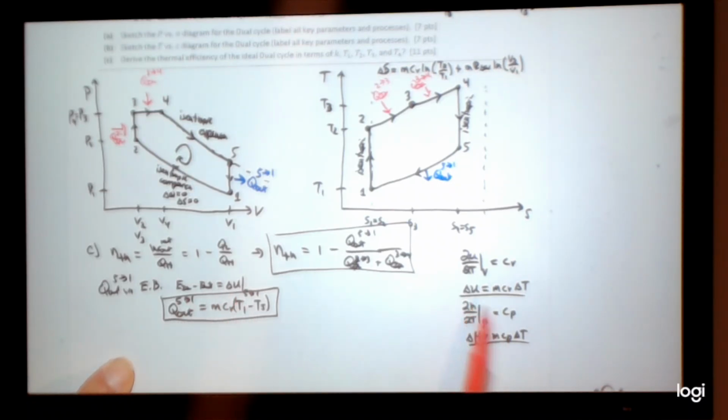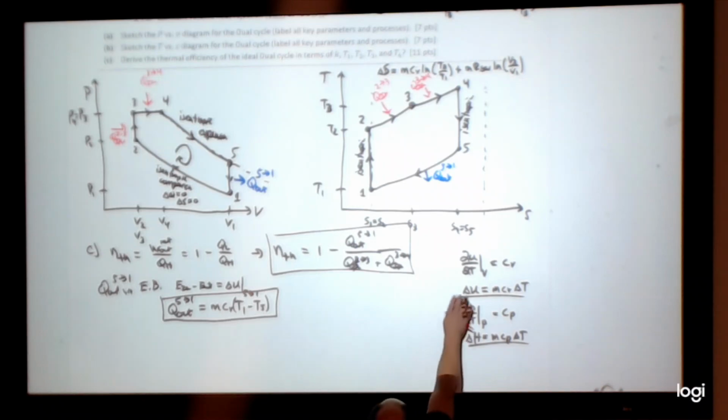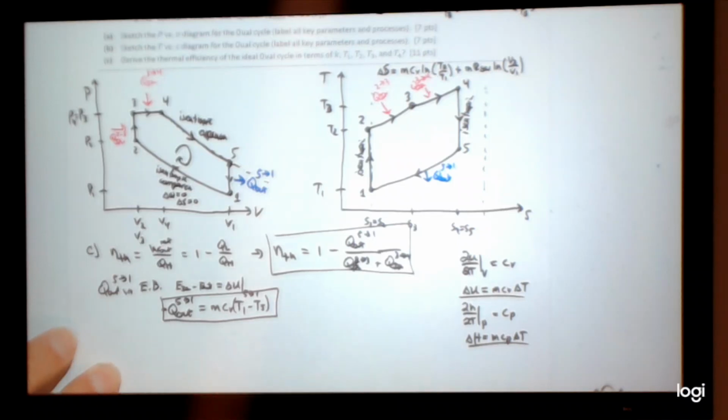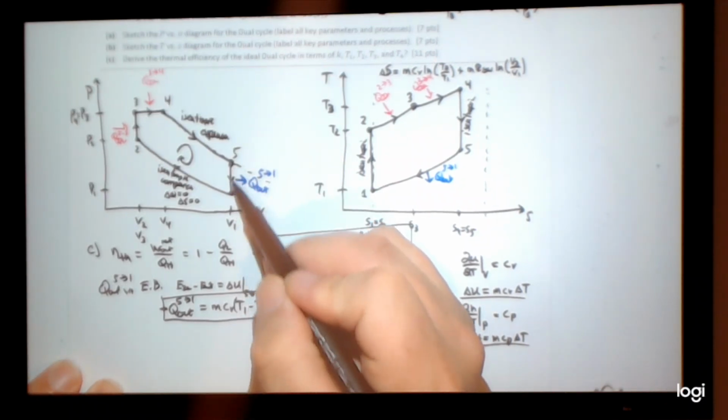Then I use the relationship for the change in internal energy and apply this to my delta U from state 5 to state 1. Yes, it's supposed to be negative. Thank you. My energy balance, I need the minus sign here, right? It was already there. So it would be minus Q out equals delta U. So that stays there with the minus sign. Okay, well, 5 to 1 was relatively straightforward.